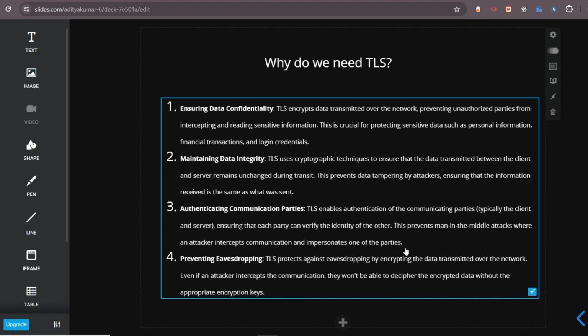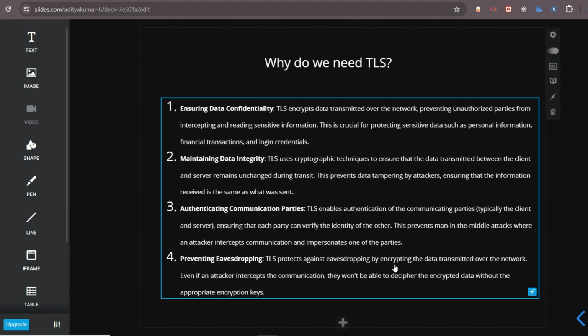Then the fourth point is preventing eavesdropping. What does it mean? TLS protects against eavesdropping by encrypting the data transmitted over the network. Even if an attacker intercepts the communication, they won't be able to decipher the encrypted data without the appropriate encryption keys.